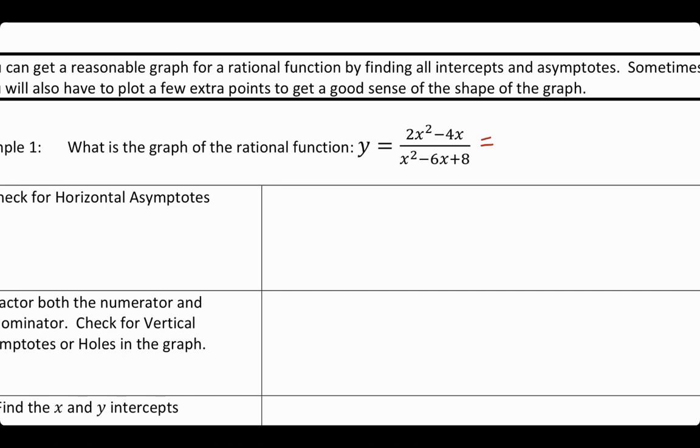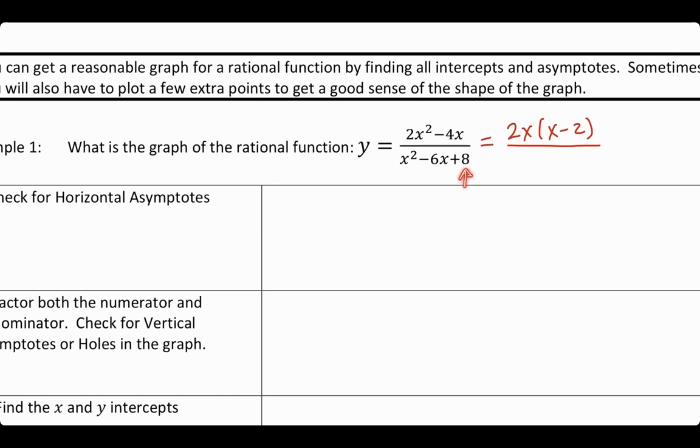If I look at the top, is there anything I can do on the top to factor that? Yeah, I can factor out a 2x. If I do that, I'm left with x minus 2. In the denominator, I want to multiply to 8, add to negative 6.